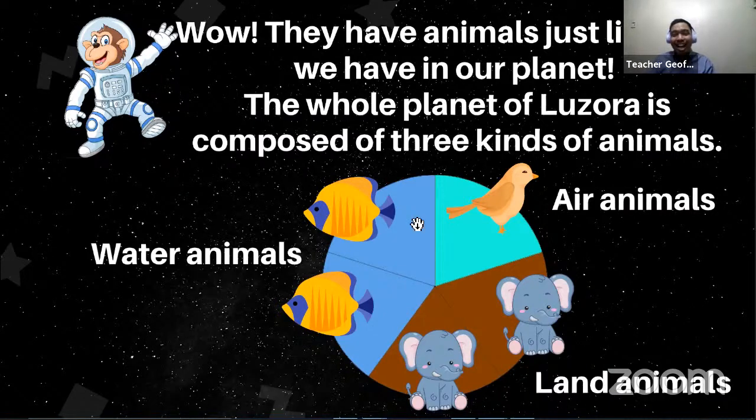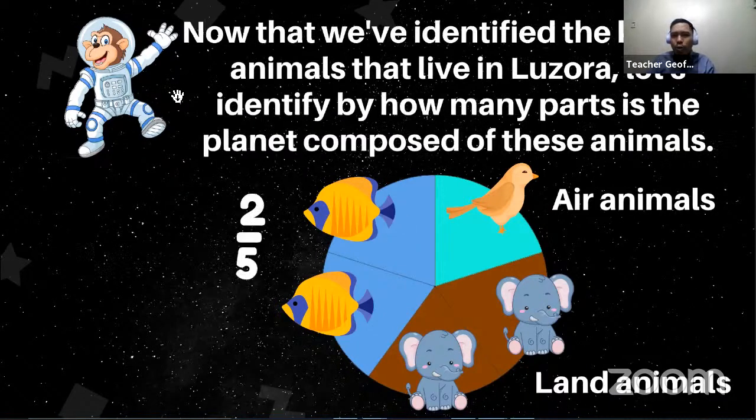That's really great. Now that we've identified the kinds of animals that live in Luzora, let's identify by how many parts the planet is composed of these animals. Monkey tells us that the fishes or the water animals is composed of 2/5 of the whole planet.